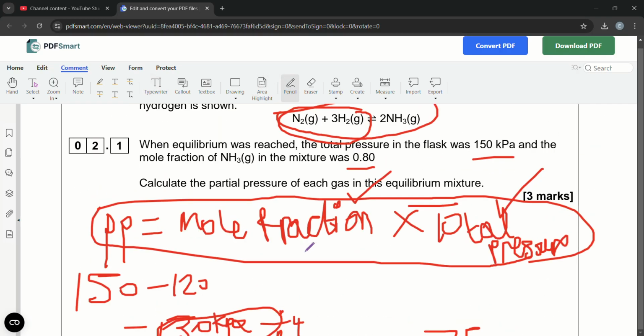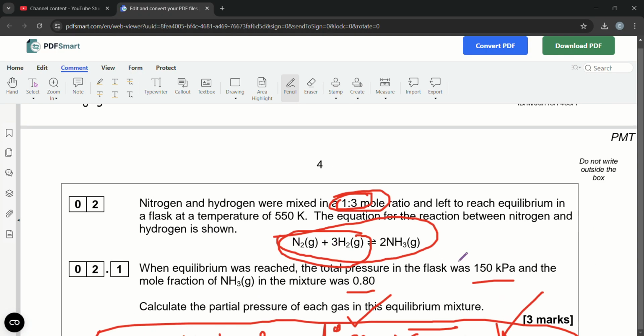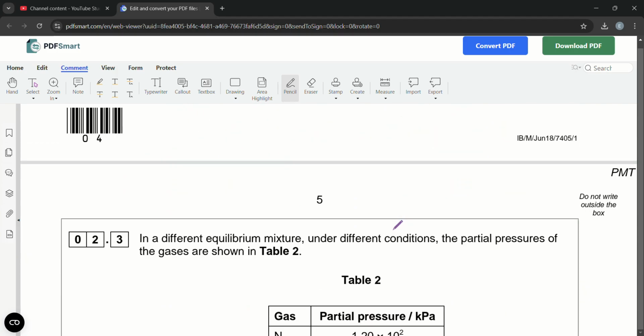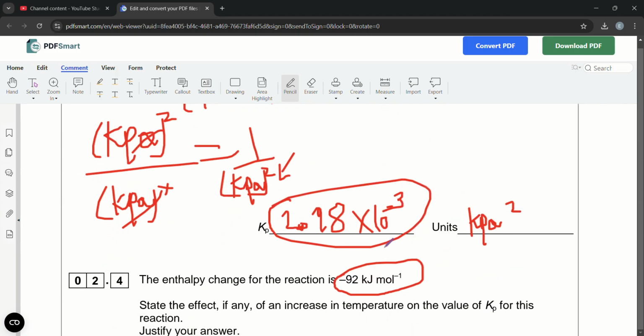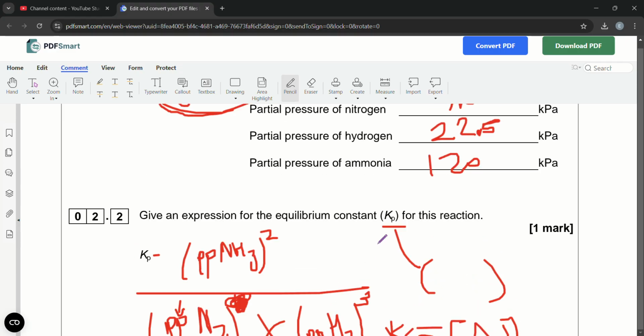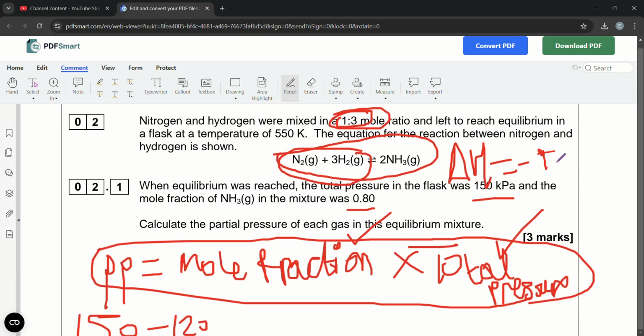Forward reaction, let's say it's negative. What was it? Negative minus 92. Obviously, for a different reaction, but same, you know, N2 plus 3H2 to form 2NH3 ammonia.